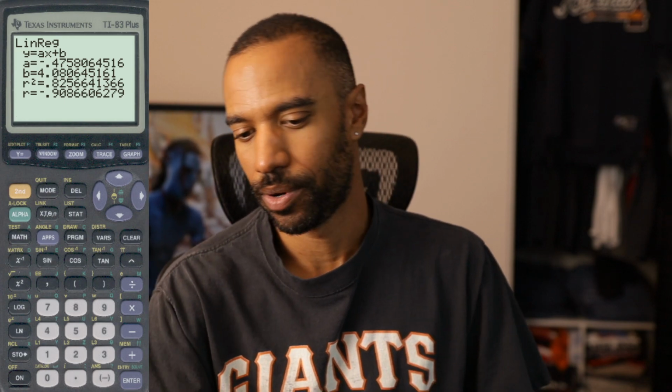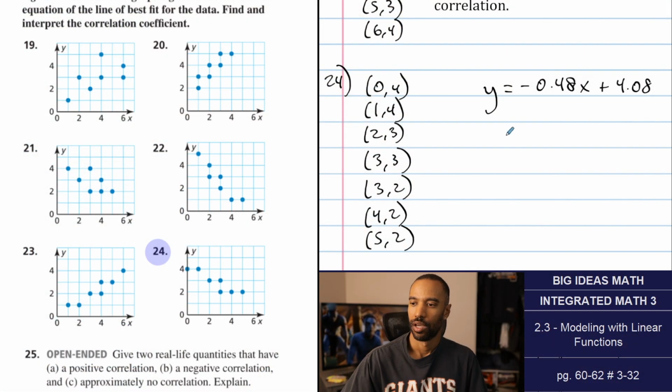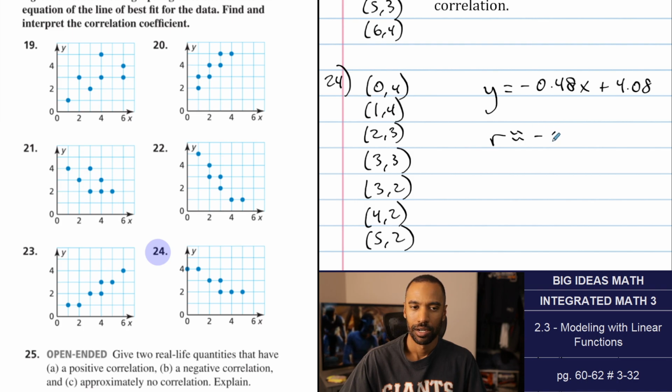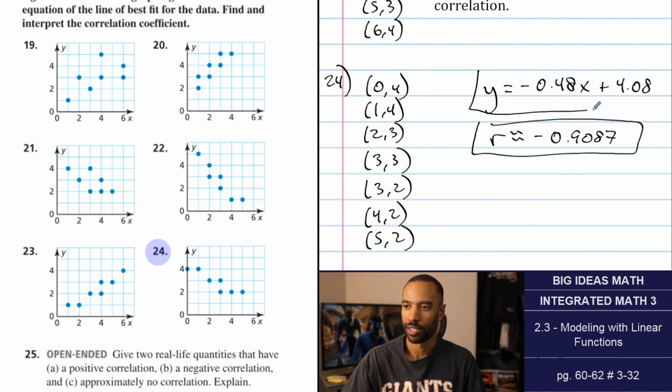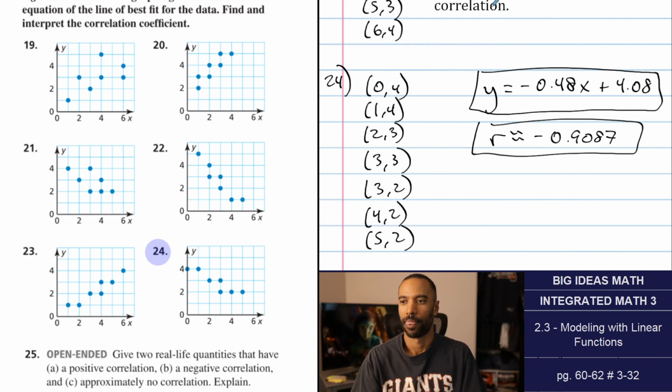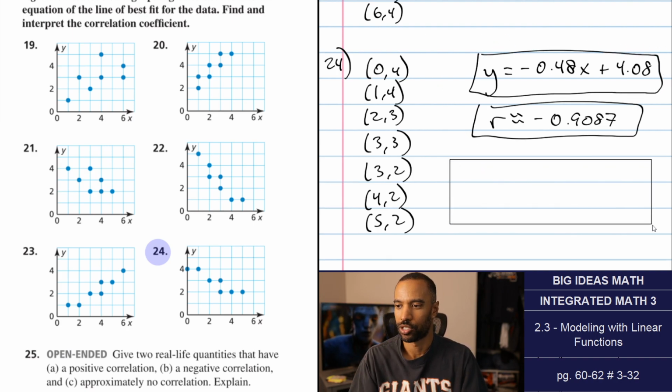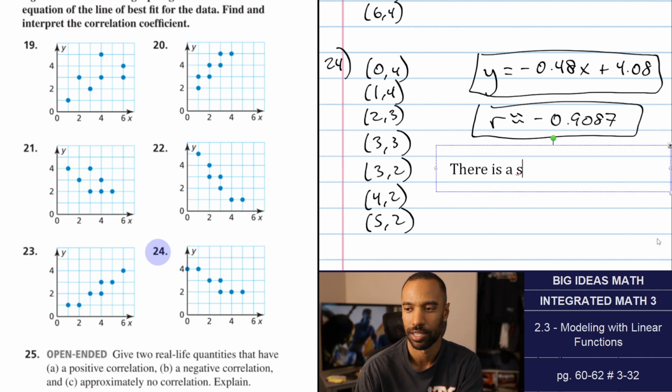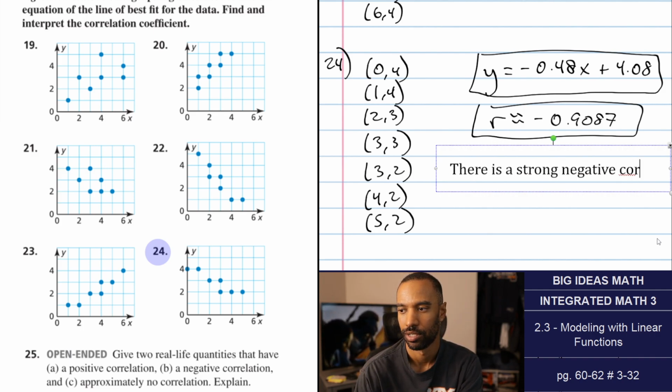Interesting equation. And then r is negative 0.9087. All right, still strong and negative. So there is a strong negative correlation.